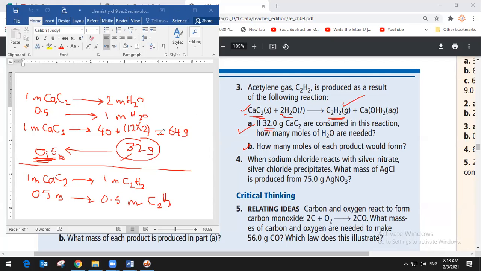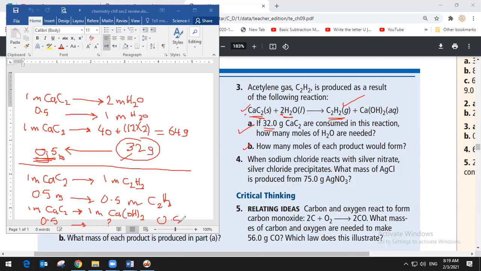So like this, we get the moles of the first product. Let's do the same for the second product. So 1 mole of CaC2 produces how many moles of calcium hydroxide? How many moles of this? 1. Good. So 1 mole of Ca(OH)2. So here, if we just have half a mole of CaC2, how many moles do we get here? 0.5.